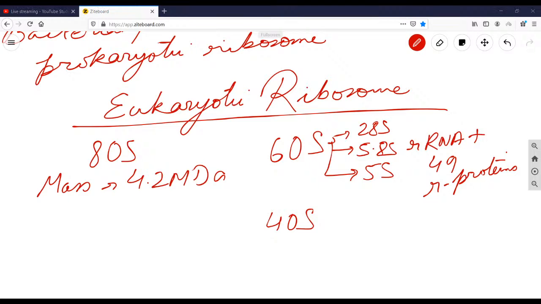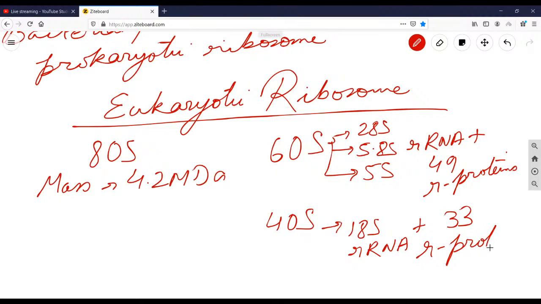This 40S is made up of 18S rRNA, plus it is made up of 33 R proteins. Now you can easily differentiate between a eukaryotic ribosome and a prokaryotic ribosome.